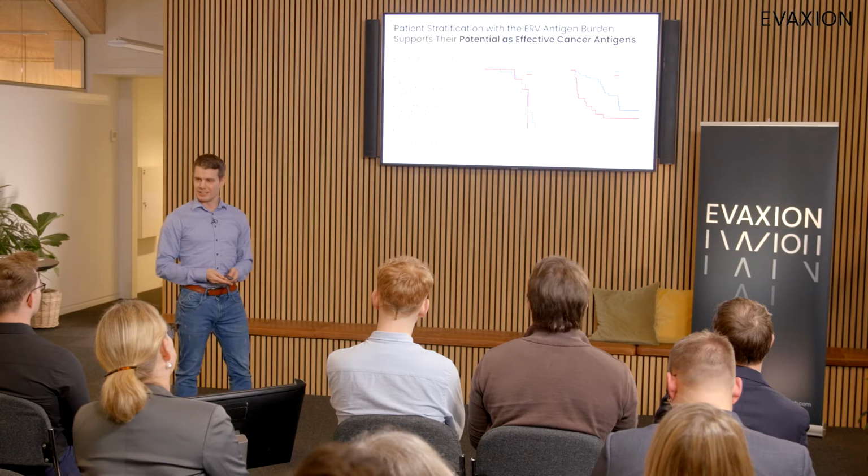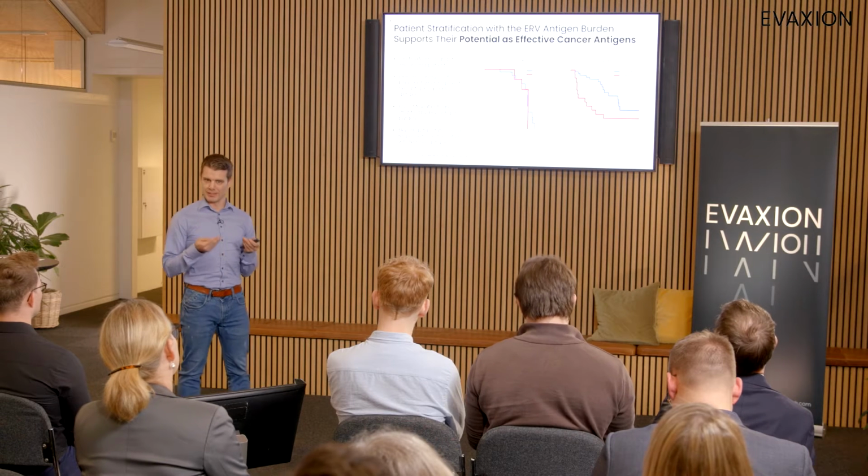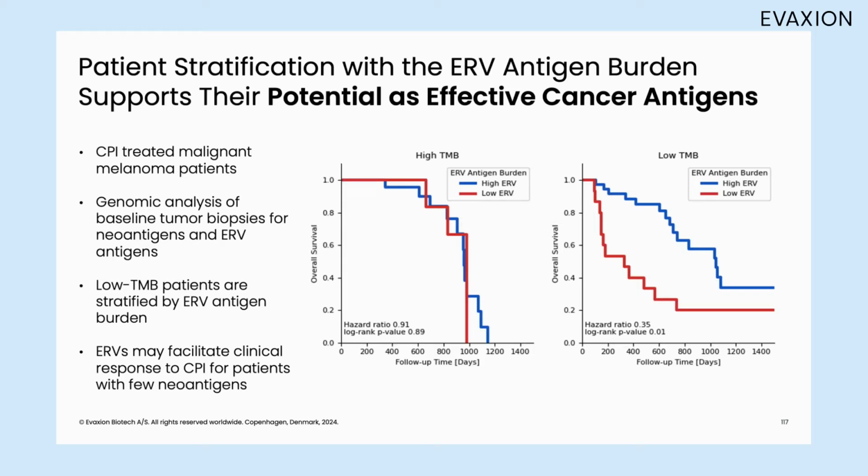The next thing we did, in order to substantiate further whether ERVs as an antigen source would be efficacious, was to look into some cohorts of malignant melanoma patients treated with checkpoint inhibitor therapy.